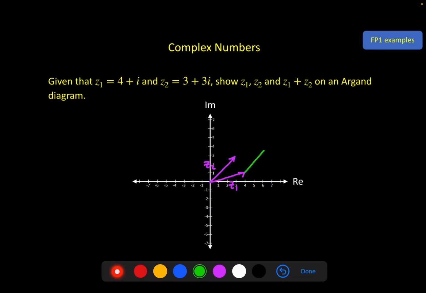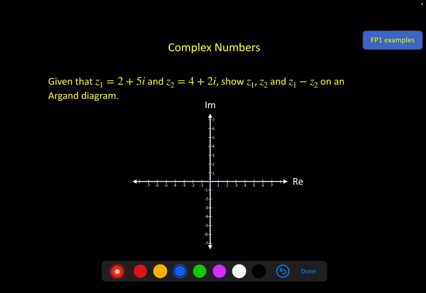So you would put your 3 plus 3i over here, and I'm not going to write Z2 here, because Z2, the point is here, from here to here, but the green arrow represents effectively plus Z2. So if you're going to add Z2 onto Z1, it can go there. The final vector addition here, Z1 plus Z2 in blue. So your vector addition rules still apply here.